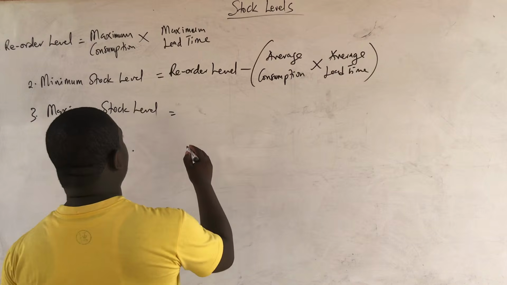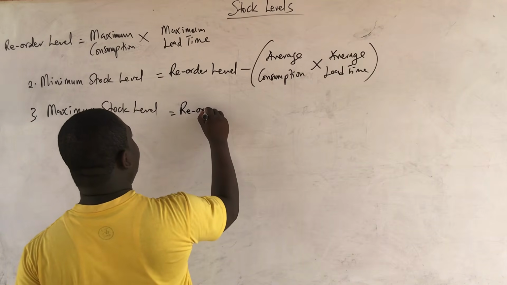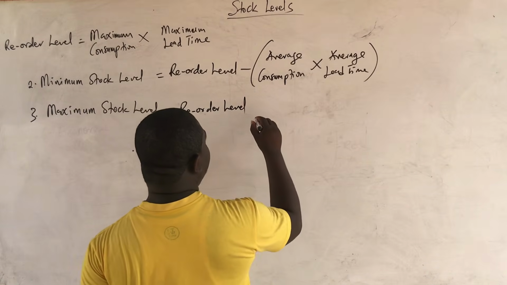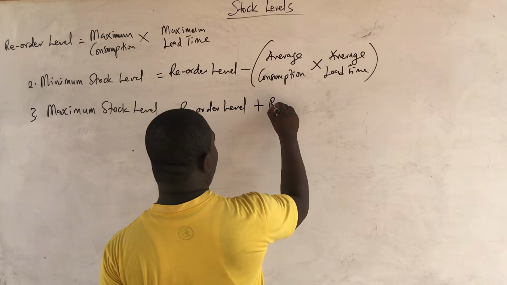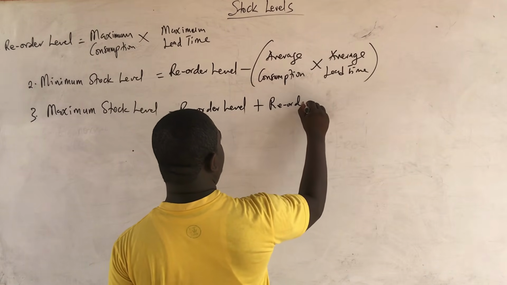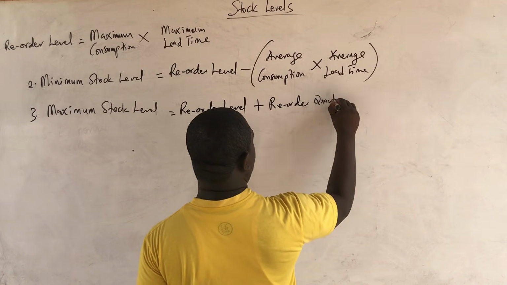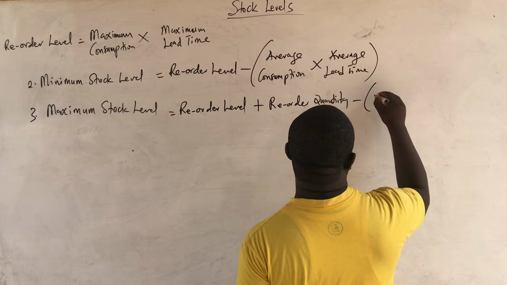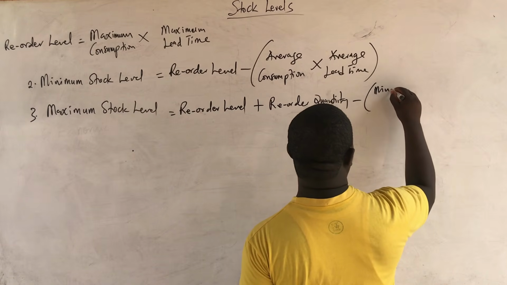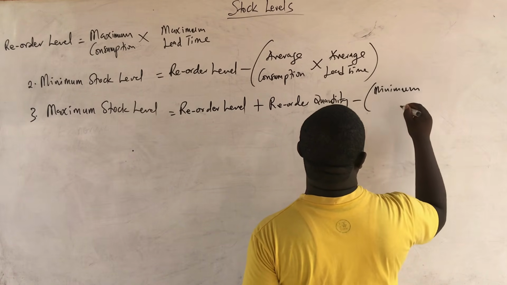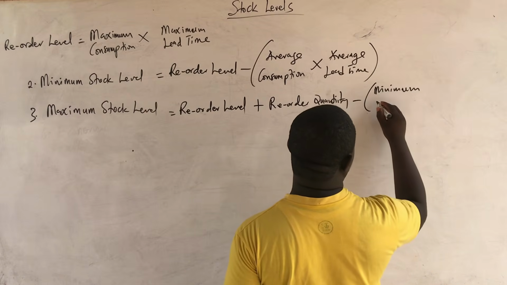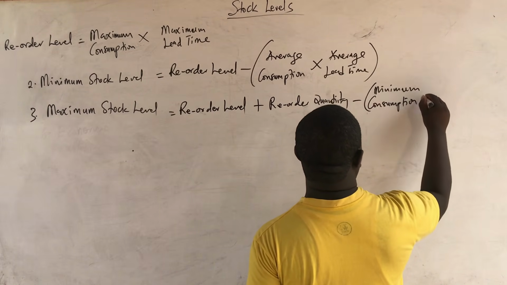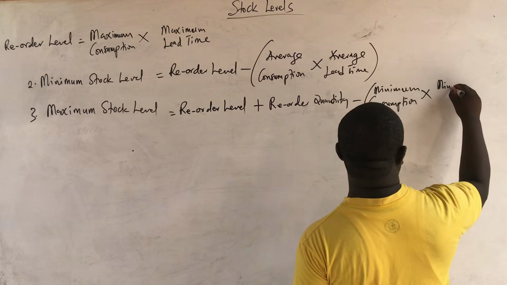Maximum stock level is your reorder level, this time plus your reorder quantity, minus your minimum. So now we are using the minimums: minimum consumption or usage times your minimum lead time.